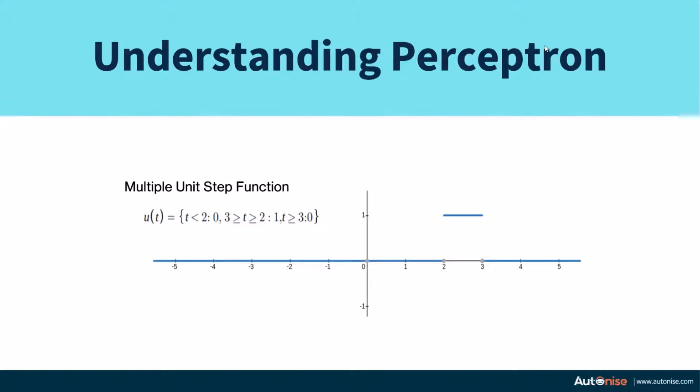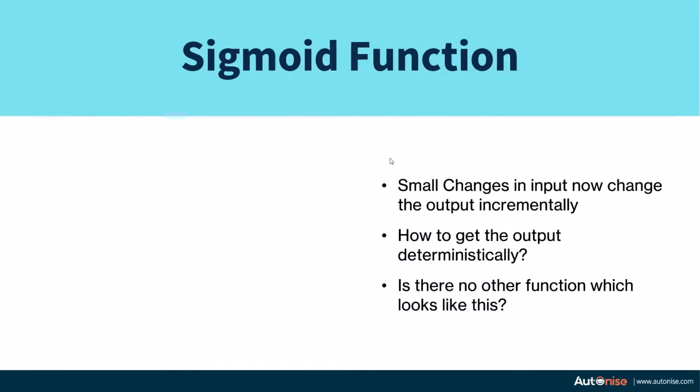So what is the solution for solving this perceptron problem? We introduce the sigmoid function. Now let's revise what are the problems that we want to solve. The first problem that we want to solve is that we want to make the changes continuous. And the second thing is that we want our outputs to still be deterministic.